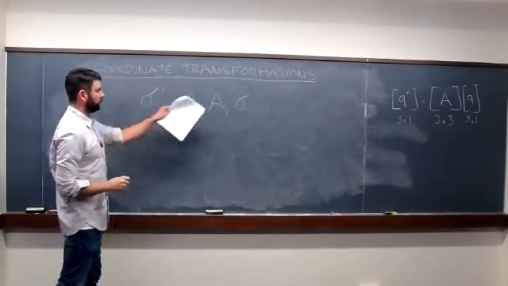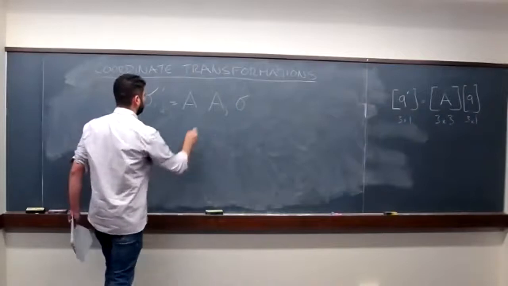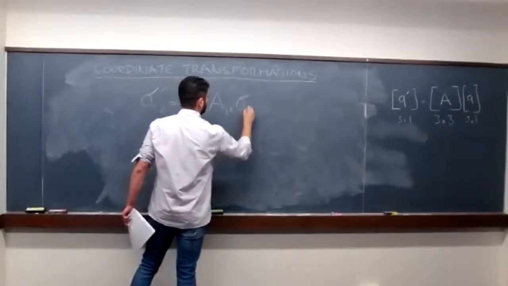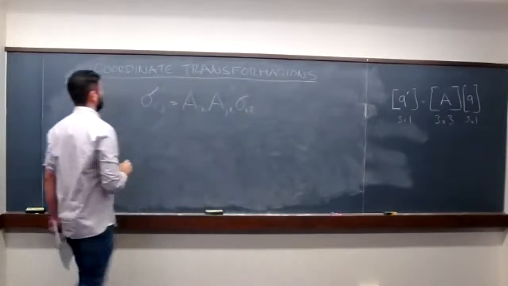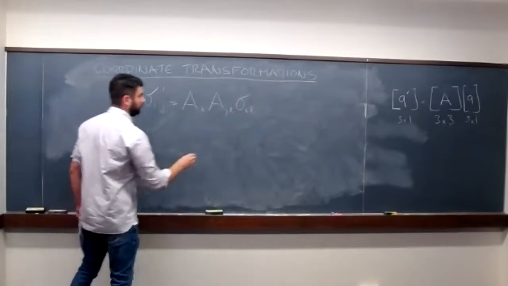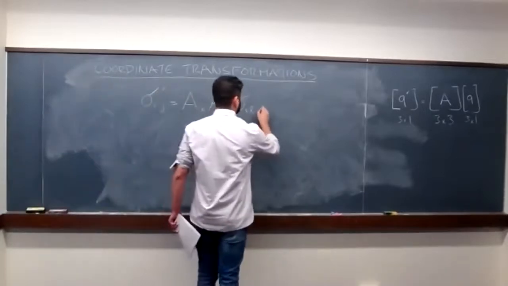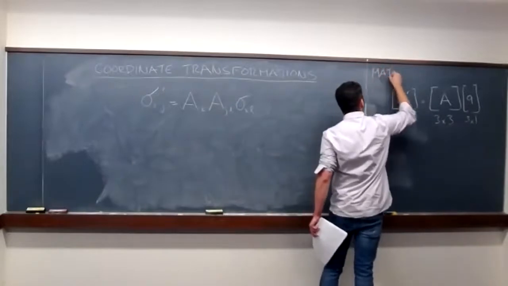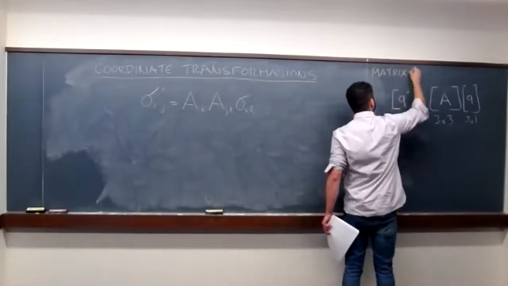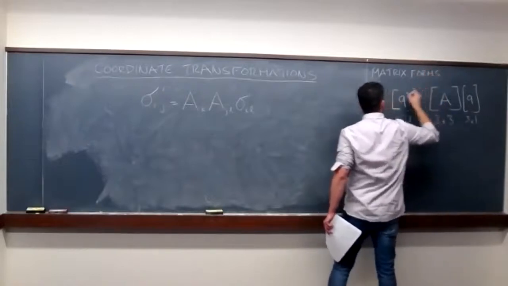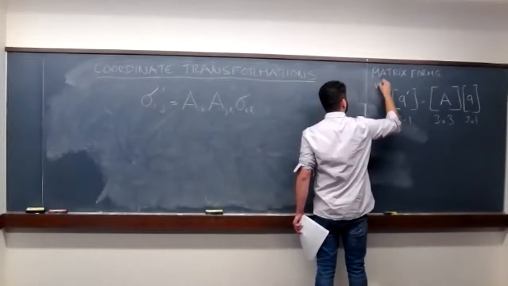So we have 2 for a second order tensor. And if we have a fourth order tensor up here, and also our matrix forms. Transforming vectors.